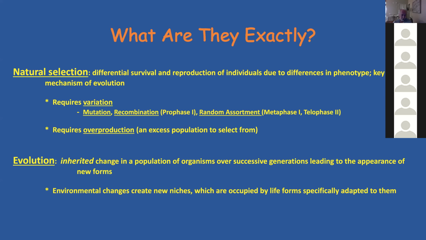Okay, then what is evolution? Well, evolution is an inherited change, and I've italicized inherited because that's a critical distinction from other types of changes, which we'll discuss later. But it's an inherited change in a population over successive generations, leading to the appearance of new forms.